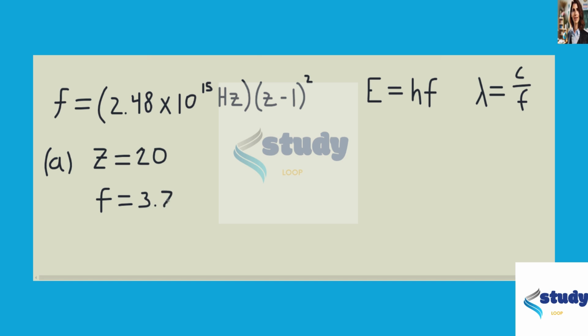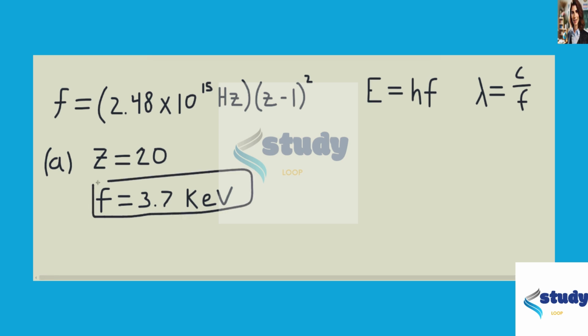So for Z equals 20, we simply have to put in the value of Z in the equation for frequency. In this case, we find that the frequency is equal to 3.7 times 10 to the third, which is the same as 3.7 keV, kiloelectron volts. We're going to put things in keV, so let's write it in keV.